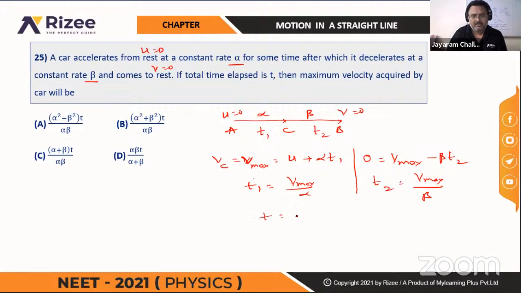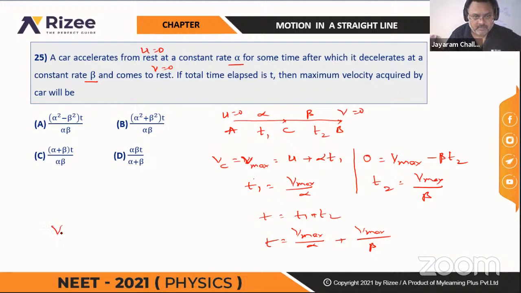But the total time is t1 plus t2. Substitute the t1 and t2. So v maximum by alpha plus v maximum by beta is equal to t, and now find out the v maximum. From this, v maximum is equal to alpha into beta by alpha plus beta, times t. This should be your relationship.